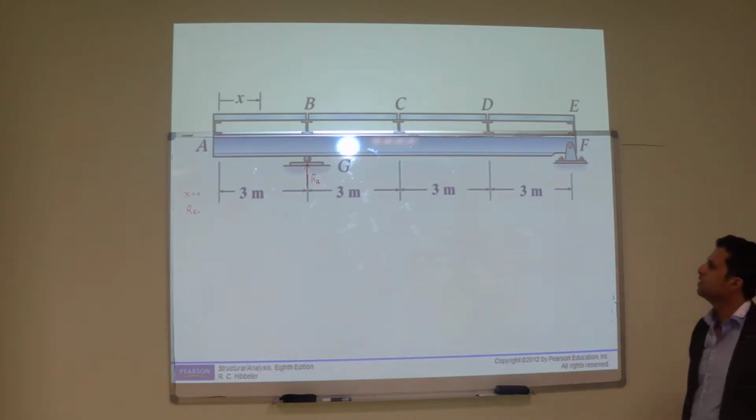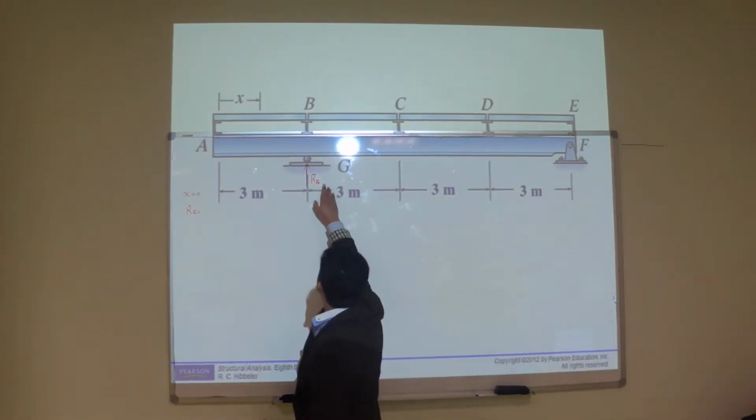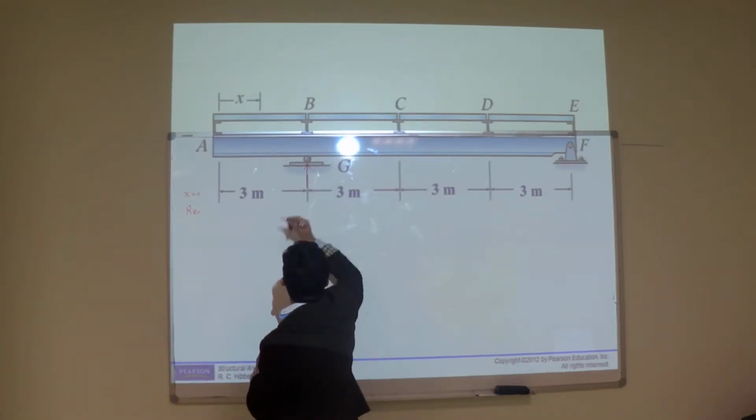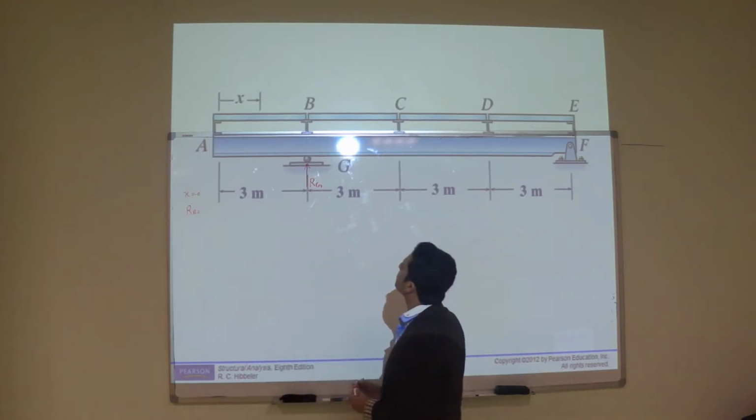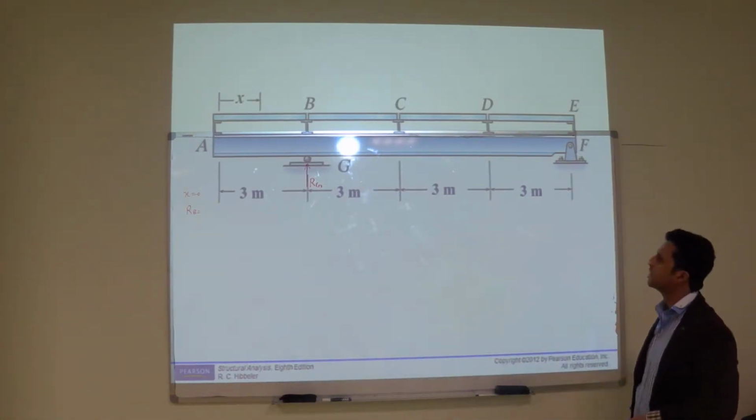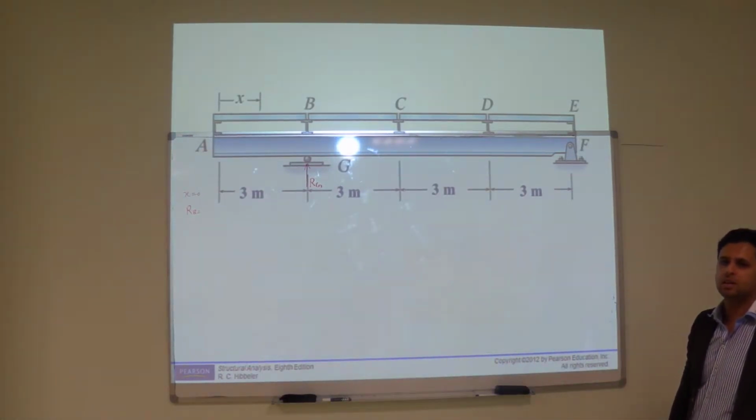Or sorry, how much will be RG, I should say. When the load is at point A, x is 0, how much will be RG? It will be the same. 1 multiplied by 12 minus.